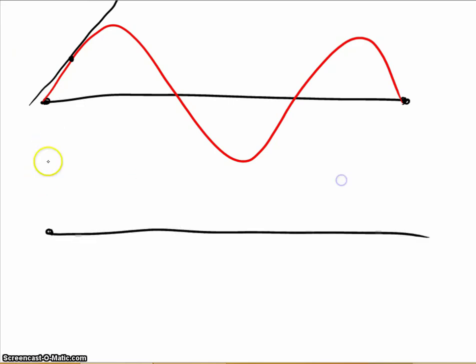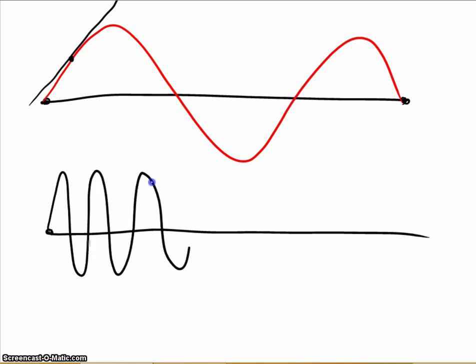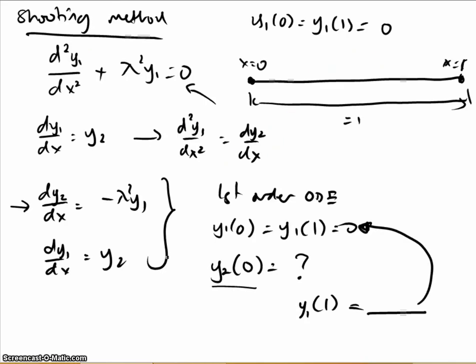So the larger your dy1/dx, the steeper your slope is. Okay, so that is what y2 means, and we are actually not interested in y2, because we are not interested in the magnitude of the slope.